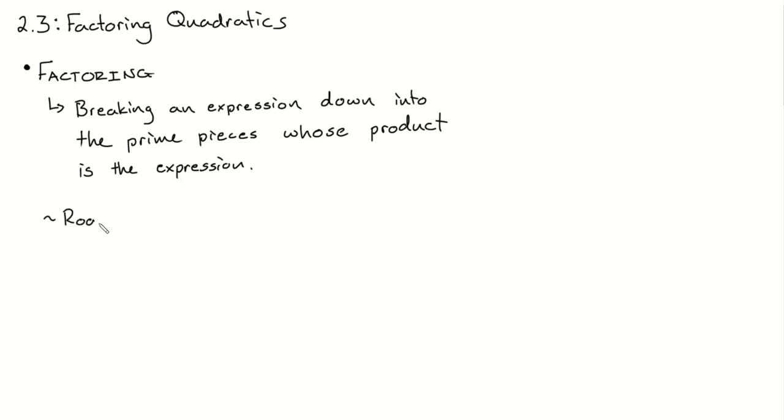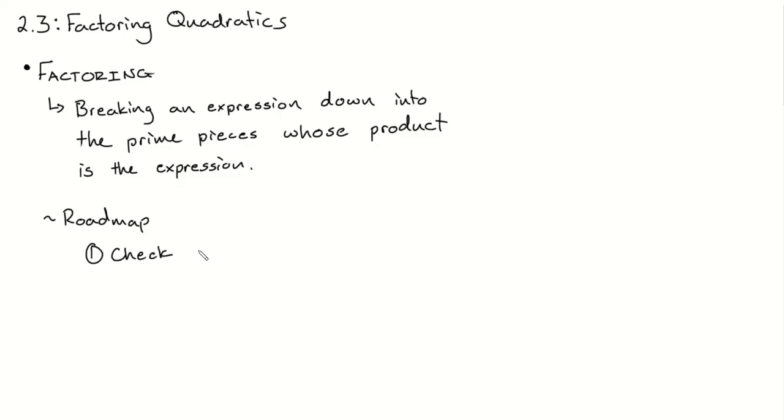So right off the bat, we're just going to go ahead and have our roadmap. You don't have to call it roadmap. This is really just a series of steps, but I always think of it as a map for whatever reason, a flow chart, if you will. Okay. Very first thing, every single time to factor something, I would run through these steps every time. Step 1, we're going to check to see if there's something that goes into both terms, the greatest thing that goes into both terms.